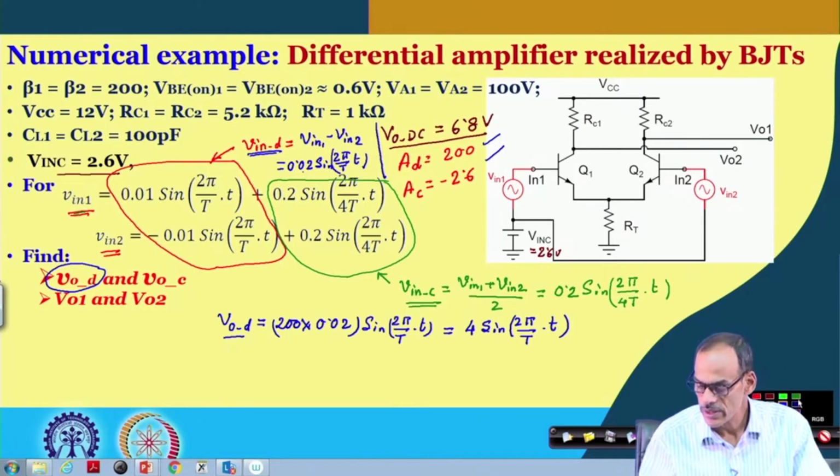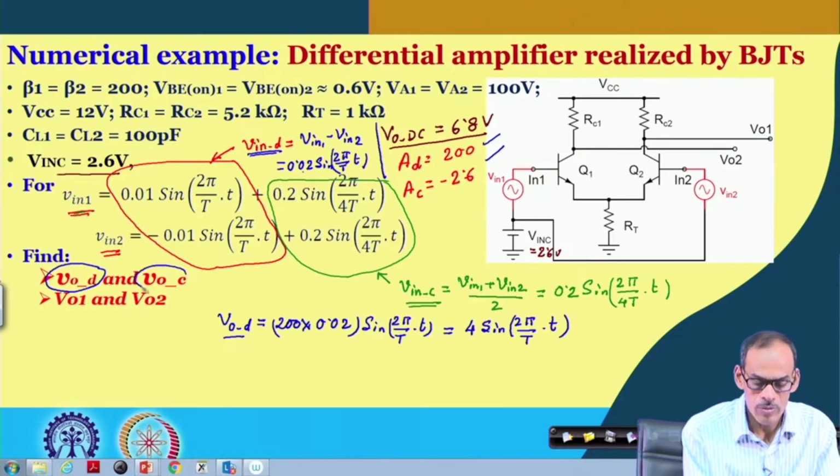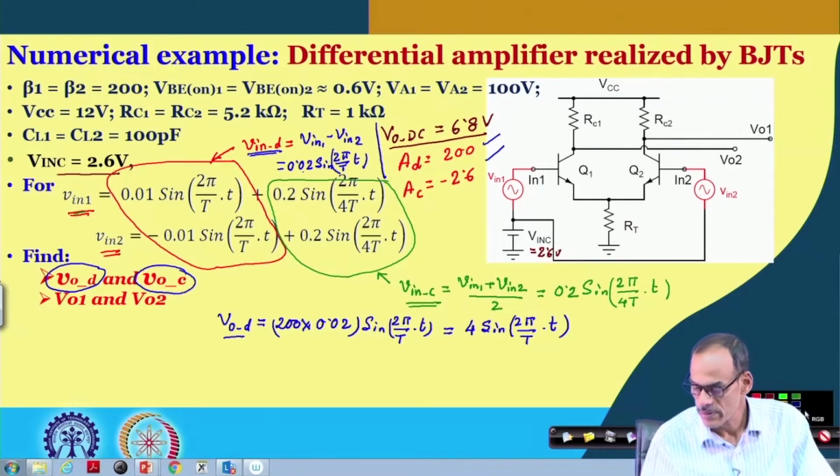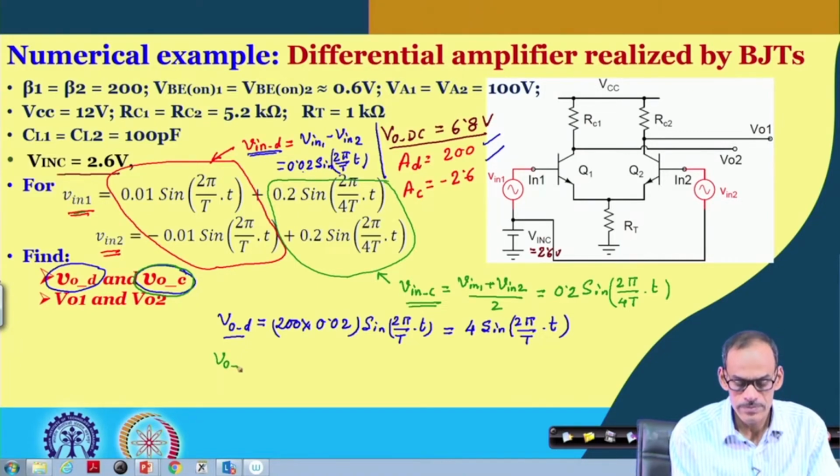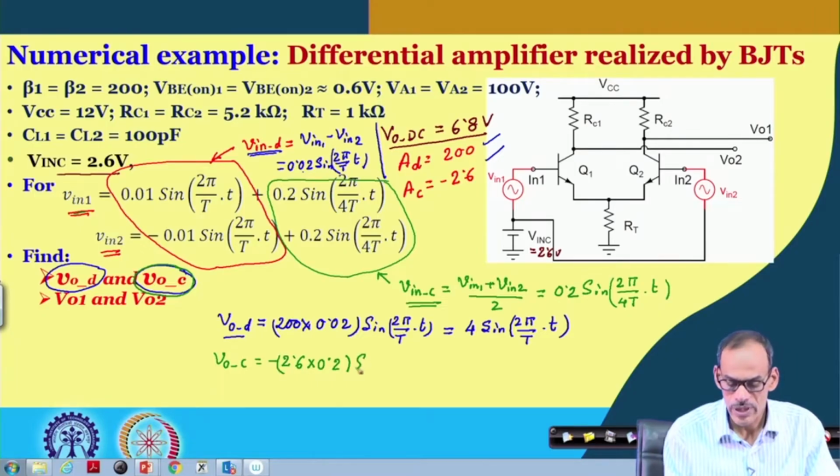So, likewise we can calculate the common mode output. VOC equals to minus 2.6 into this common mode part 0.2 into sine 2 pi by 4 t.